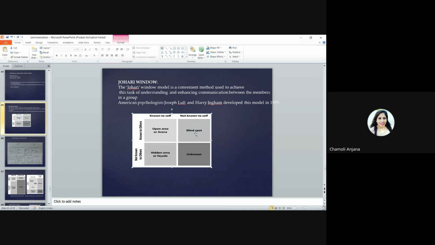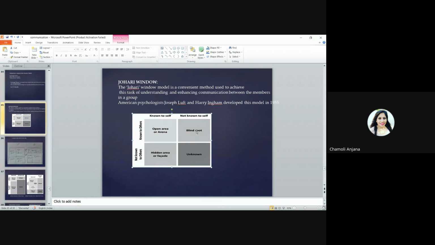Whatever he knows about himself, he tells others, so others know about him, but he is not receptive to taking feedback from others. That area is called a blind spot. It is also called the bad breath area, that means where we do not know that we are smelling, but others are aware of it.